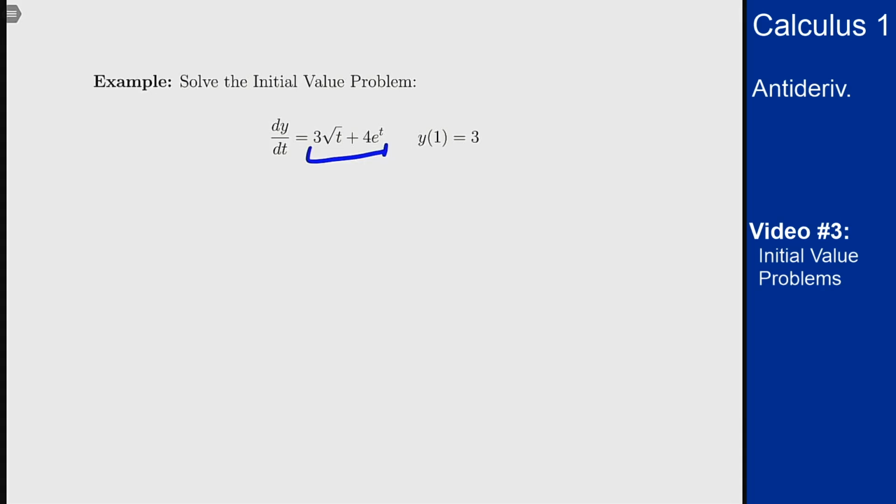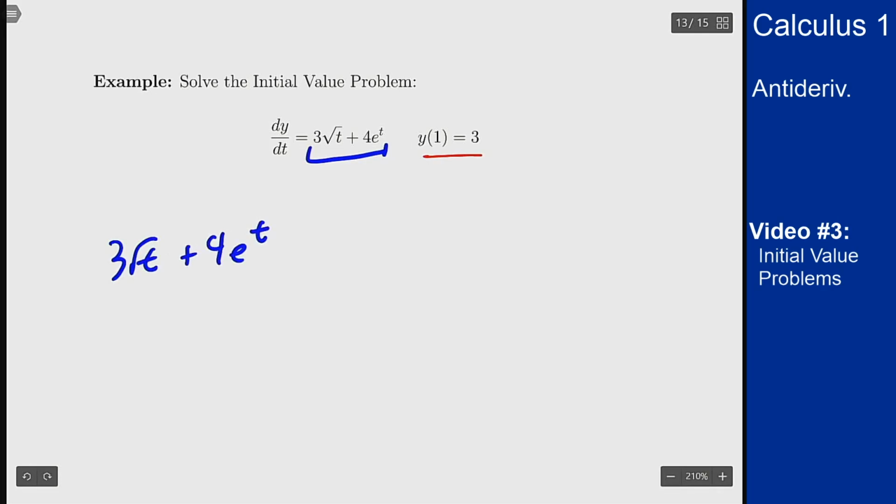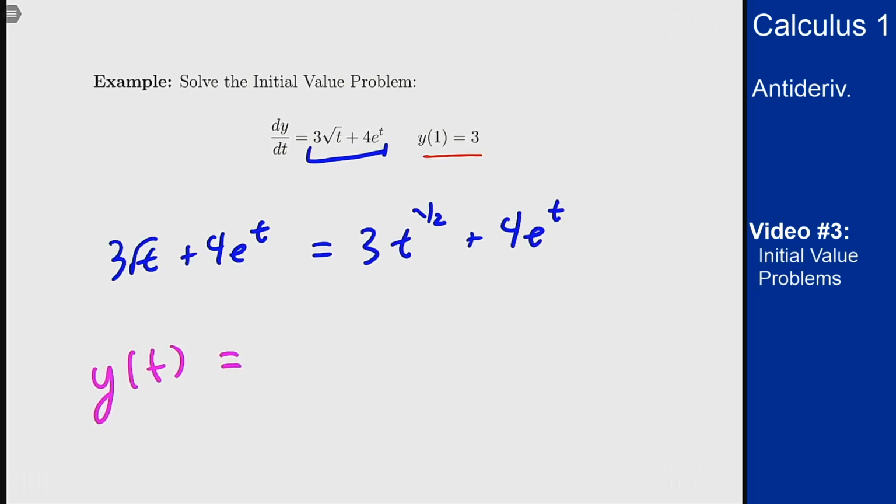So I can find the general antiderivative and then use the arbitrary constant c to meet the initial condition. I can rewrite this as 3t to the 1/2 plus 4e to the t. And so then my function y of t is going to be the antiderivative of this, plus a c that we'll determine later.